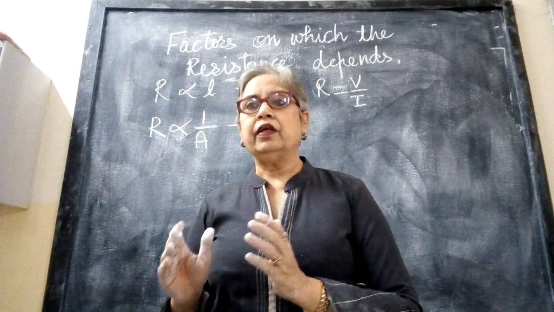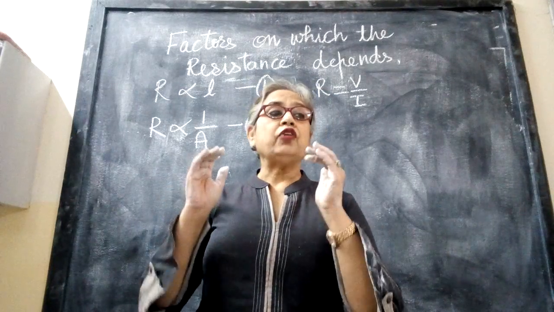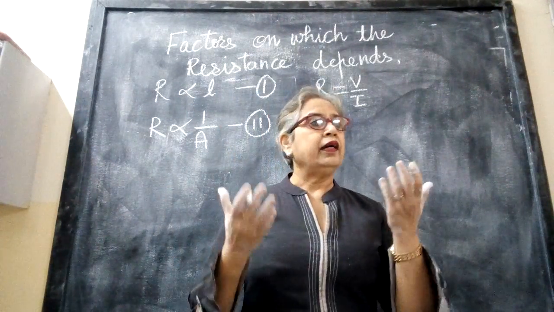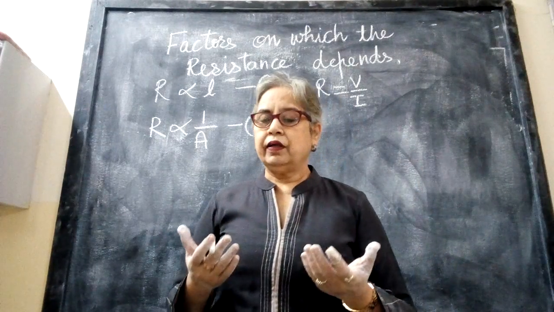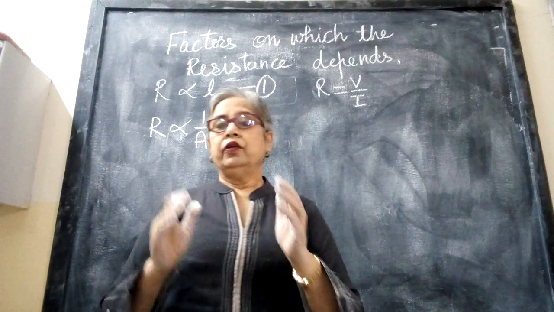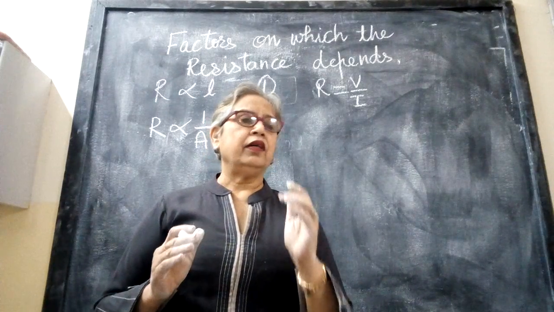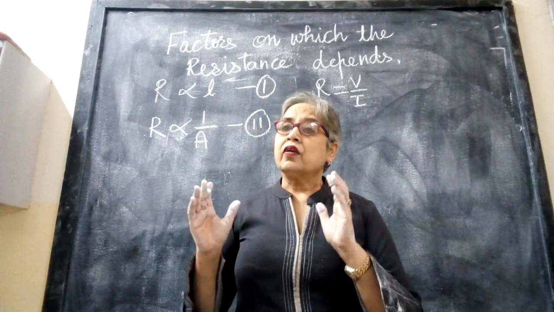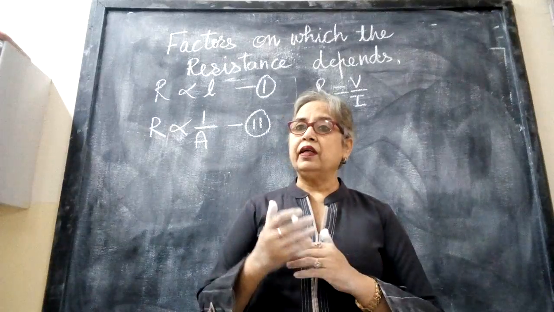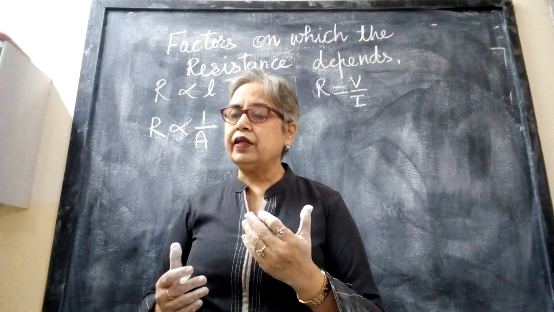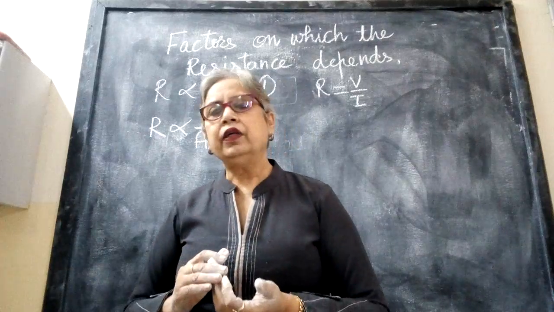Then the materials which offer less resistance are called conductors, like copper, silver, right? And then nichrome, etc., tungsten, constantan, these are the materials with resistance less than that of insulators but more than that of conductors.